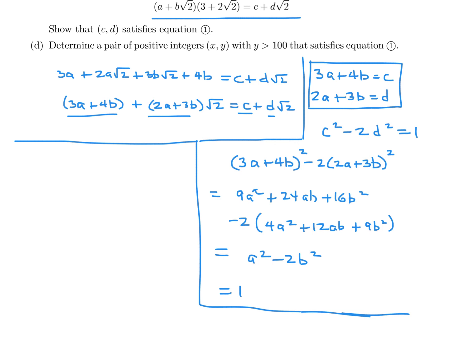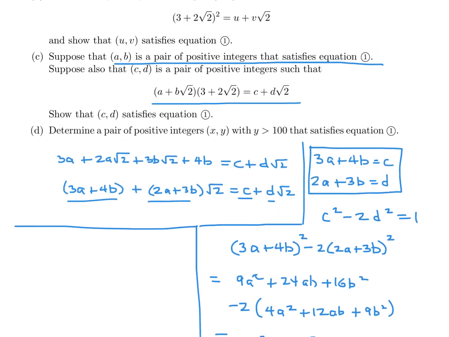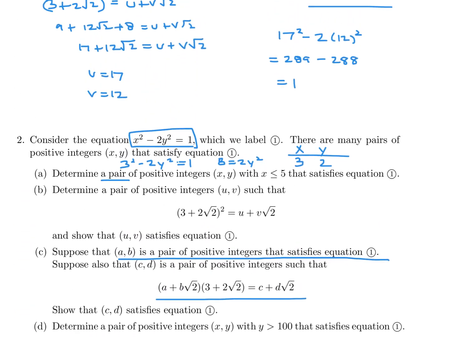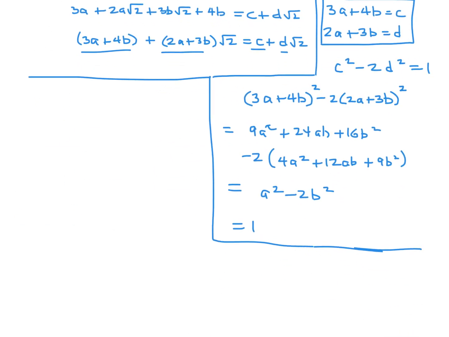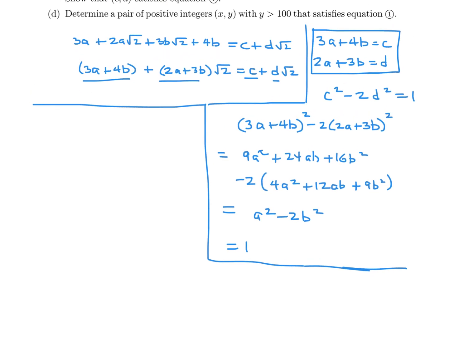So if you remember, we had figured out that 17 and 12 satisfied equation 1. So I can say that my A is 17 and my B is 12. And that they satisfy equation 1, which we already proved earlier.